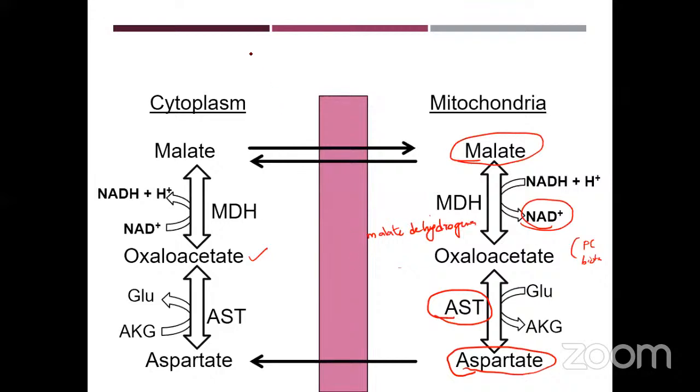Yes, ma'am. This shuttle is called the malate aspartate shuttle. Oxaloacetate itself cannot traverse the membrane, so it is converted to malate or aspartate to cross the membrane, finally forming oxaloacetate in the cytoplasm.